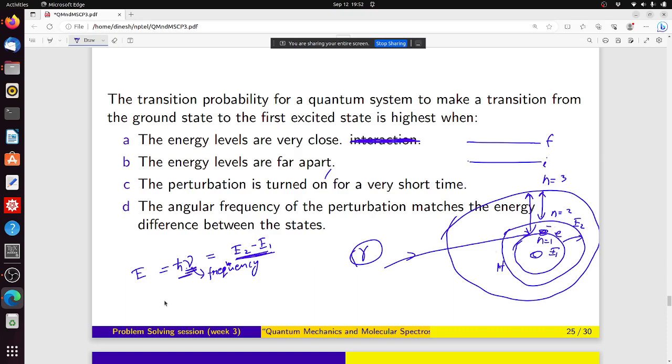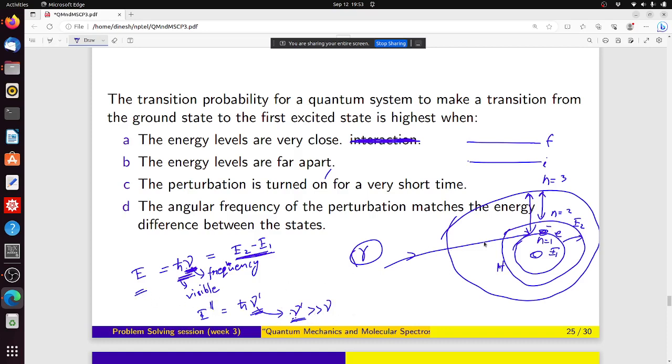Now let's assume this is visible light for this frequency. Next scenario, I'll give some ultraviolet light. Ultraviolet light means it will have higher frequency than visible light, right? So if I give higher frequency, the energy will be more than visible light.